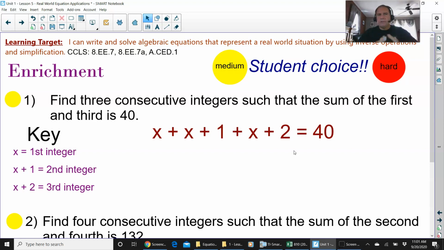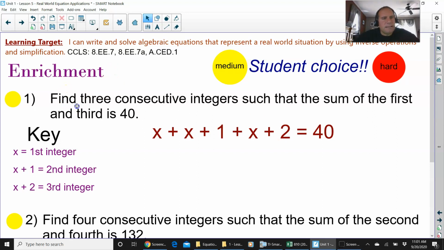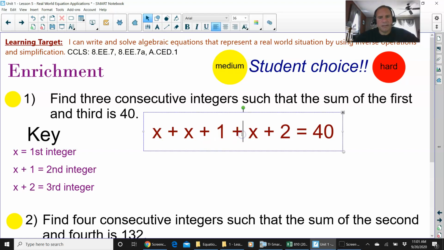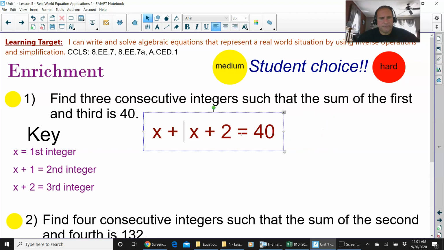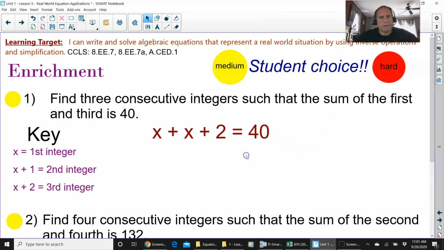So what's going on? Let me reread it. Find 3 consecutive integers such that the sum of the first, oh, there's the first, and the third is 40. So I'm going to just take this out. Okay, let me see if that works. The sum of the first and the third is 40.